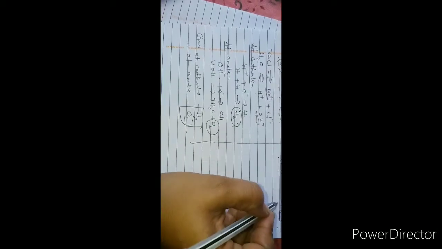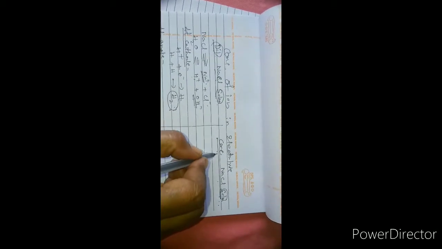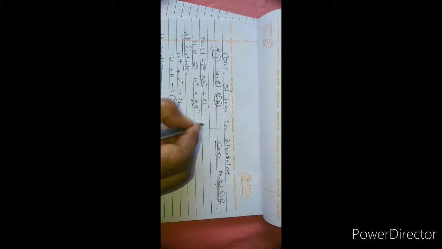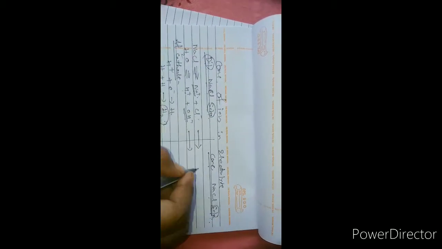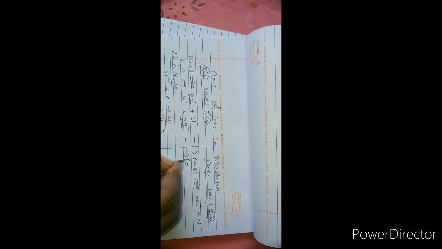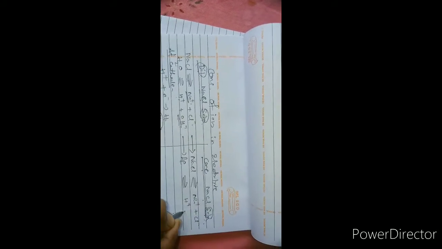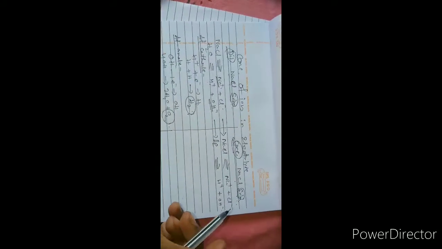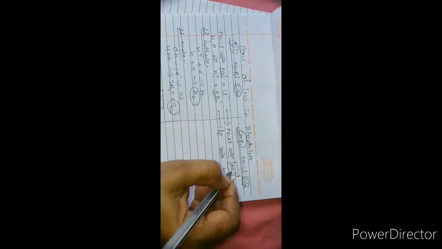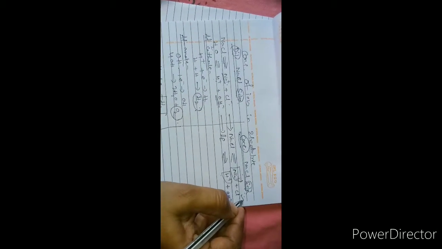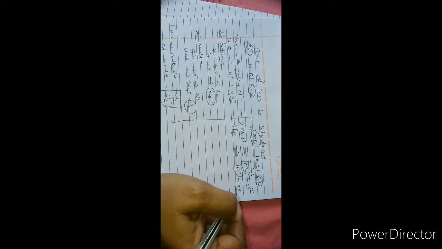Then let us go for concentrated. So we will have concentrated NaCl solution, and the same thing we will do here. NaCl gives Na+ and Cl-, and H2O gives H+ and OH-. Here, what is the concentration? Obviously the Na+ concentration is more in comparison to hydrogen, and the Cl- concentration is more in comparison to OH.